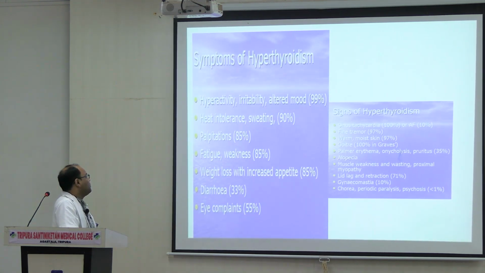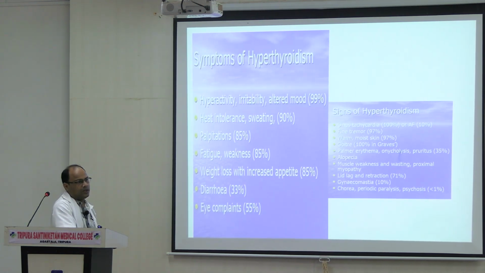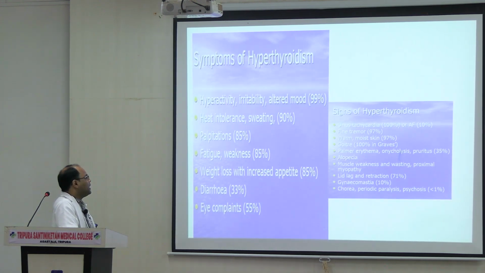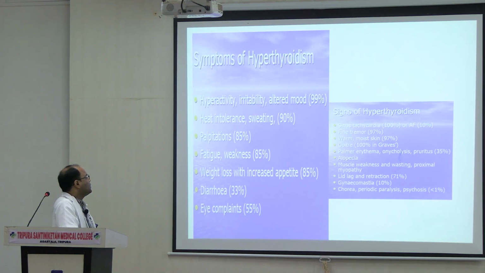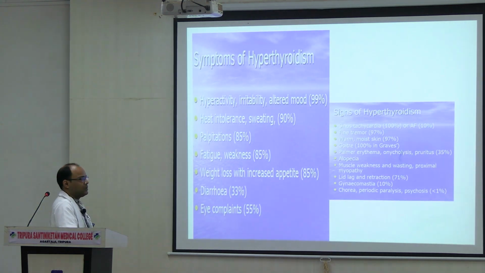In hyperthyroidism, there is hyperactivity, because the thyroid hormone causes increased metabolism. Hyperactivity, irritability, and altered mood. Next, as it is a physiological uncoupler, it causes increased heat production. So the patient develops heat intolerance and increased sweating.